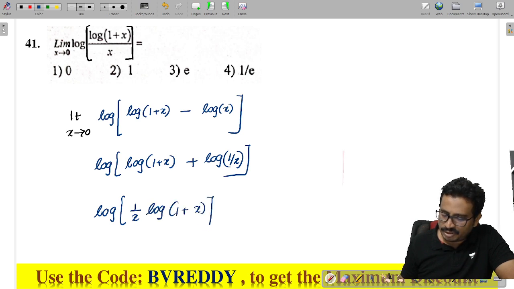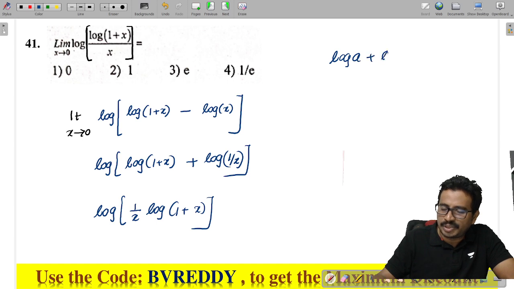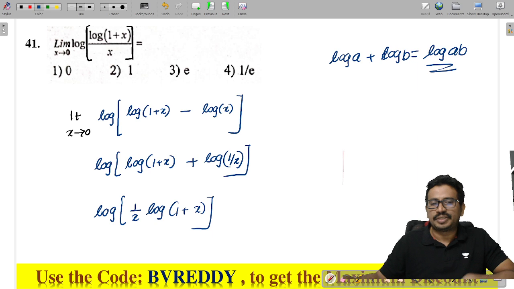All of you tell me this. Log a plus log b is log of ab, isn't it?